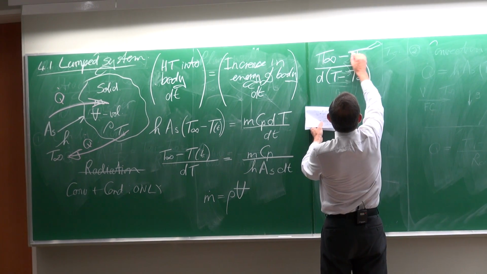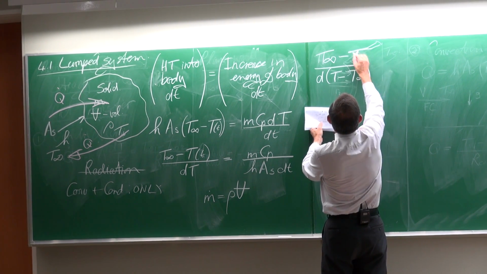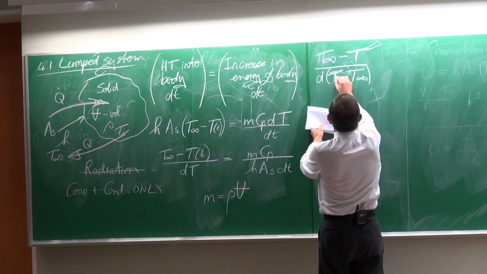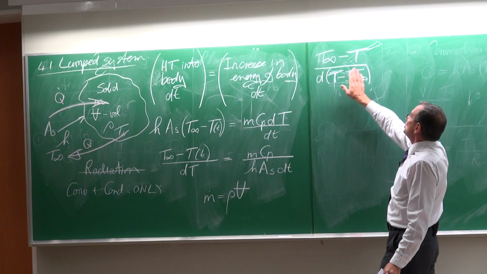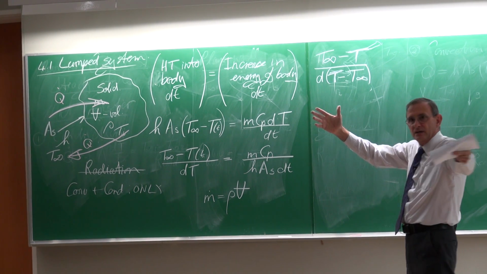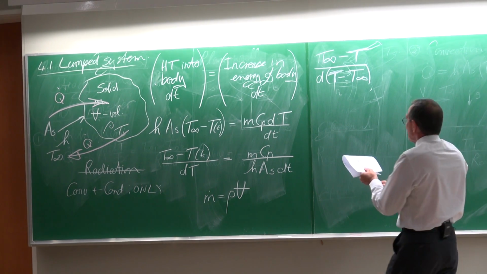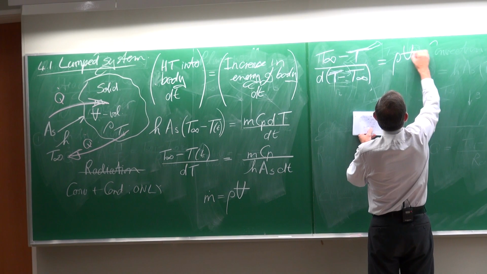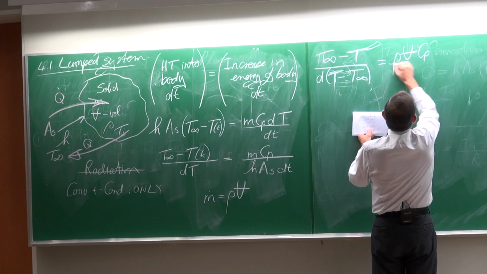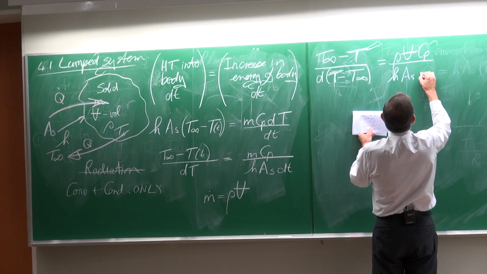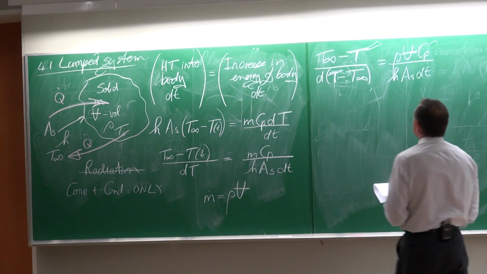Remember, the variable is that value there of T, as well as that value of T there. So if I differentiate by putting in a constant, you've done it many times in mathematics, it is then equal to rho multiplied by the volume Cp, divided by the heat transfer coefficient, surface area multiplied by dt.